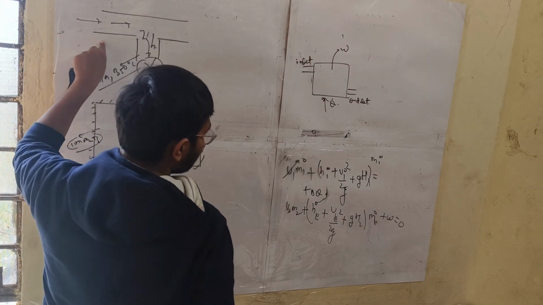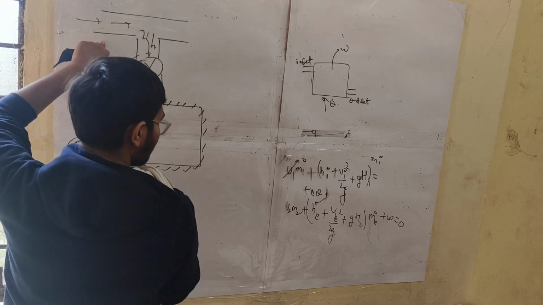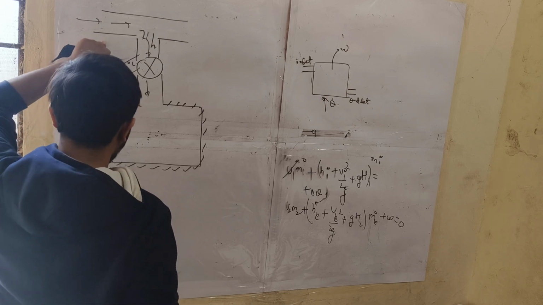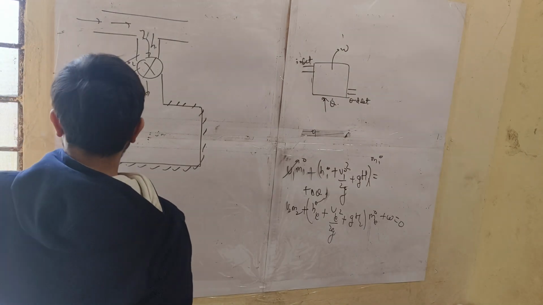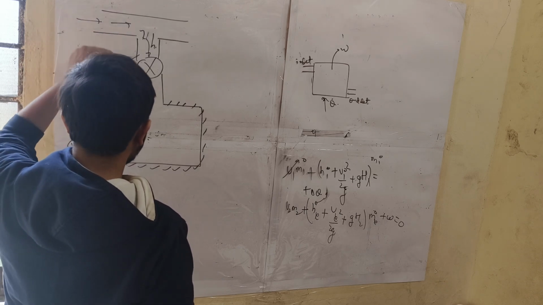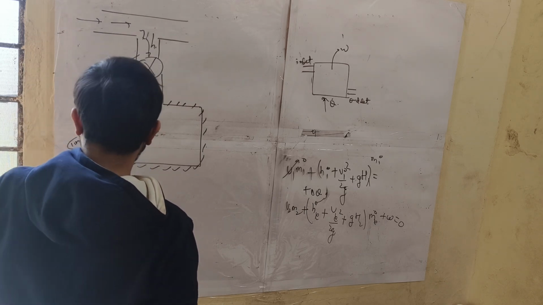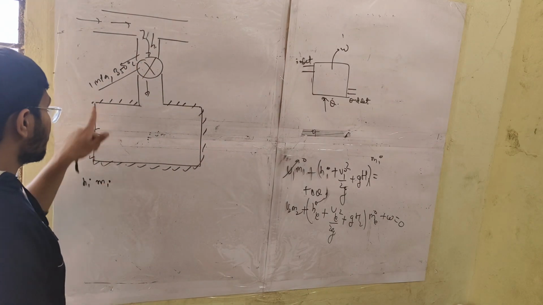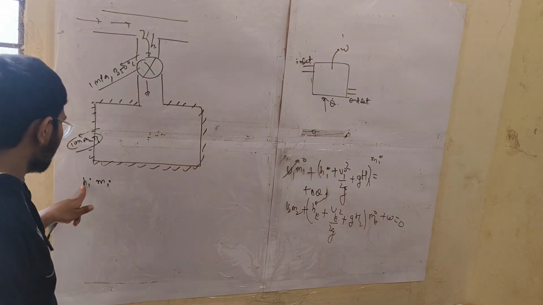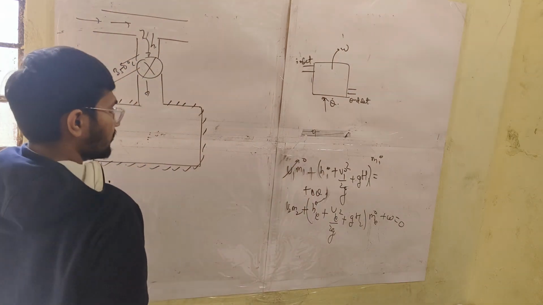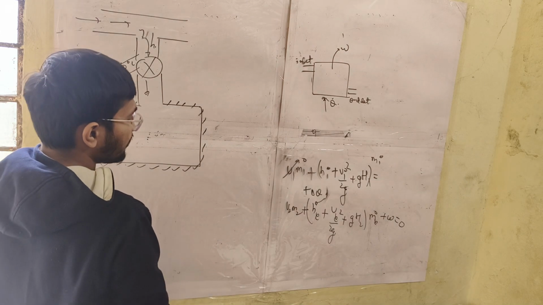Initially the enthalpy is Hi into Mi, because the air enters at this temperature, so the enthalpy corresponds to this temperature. Hi into Mi. There is no velocity term because velocity is negligible.